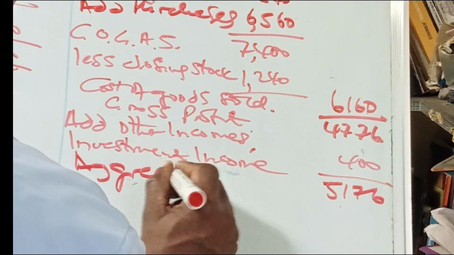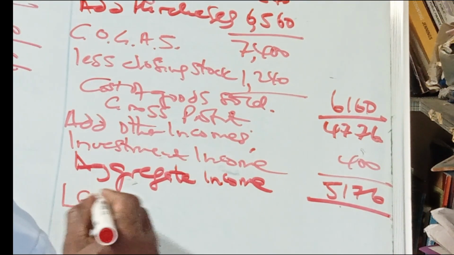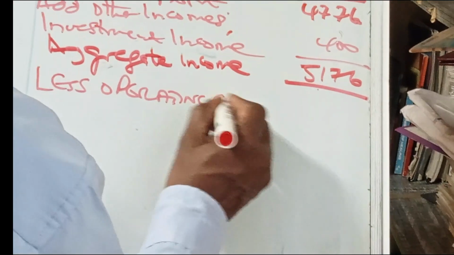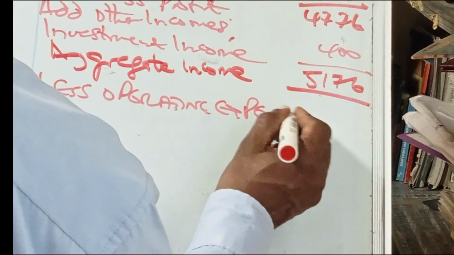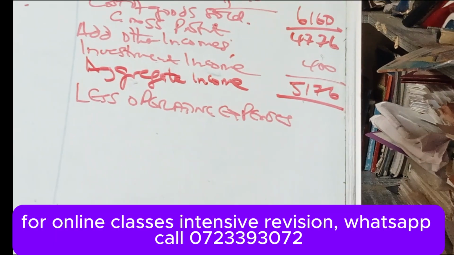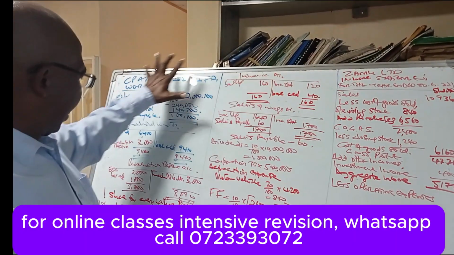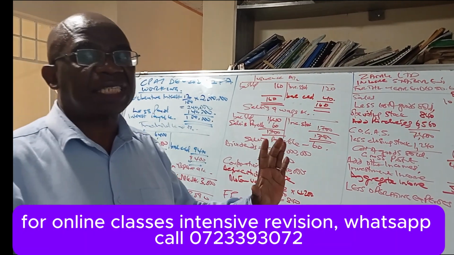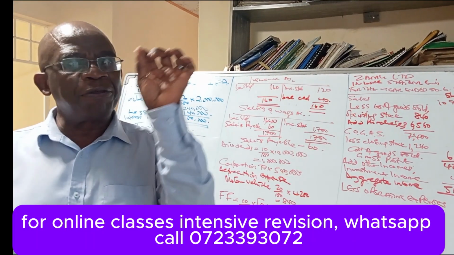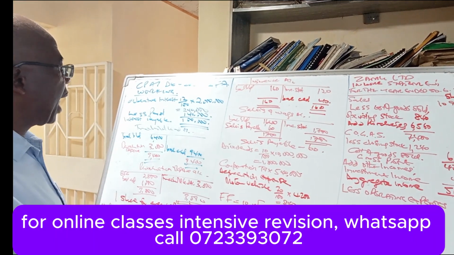Aggregate income. Now, from our income, we subtract less operating expenses. When we are deducting operating expenses, we first of all deduct, mark this, a good student deducts the expenses that had adjustments first, and then you go to the trial balance and find expenses which are in the trial balance but never required adjustments.